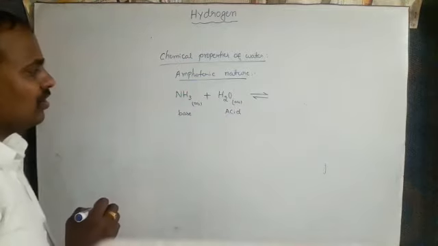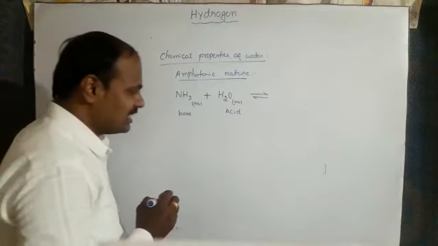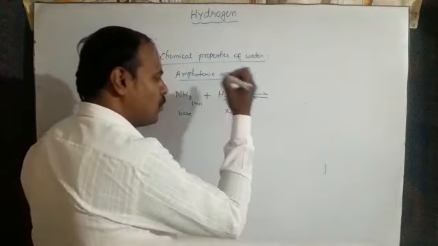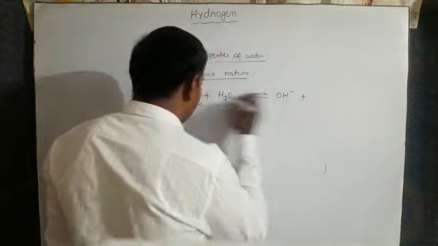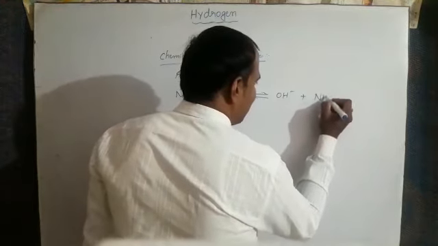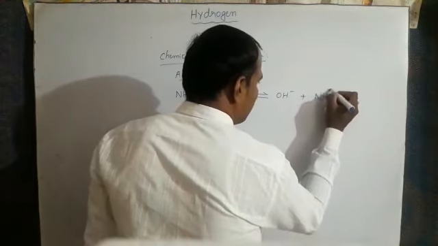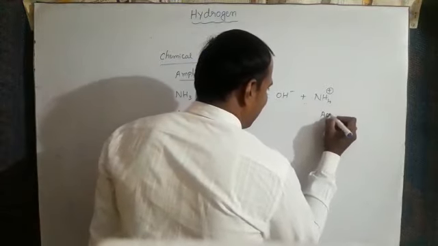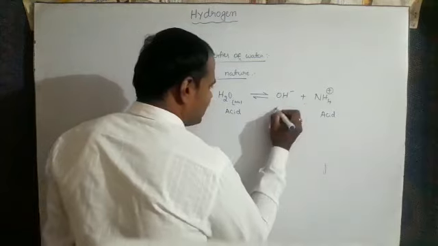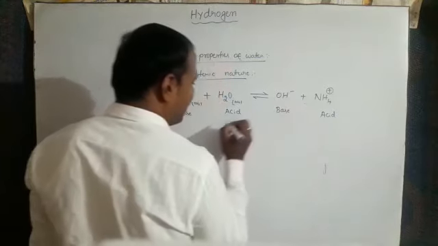Based on Lowry and Bronsted theory, an acid is a proton donor and a base is a proton acceptor. NH4 plus is the conjugate acid, and this is the conjugate base.